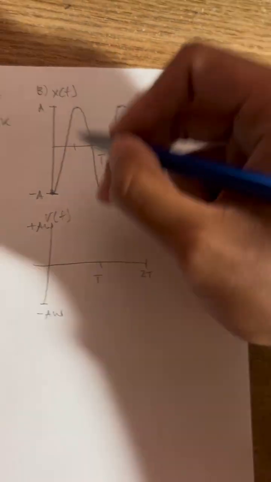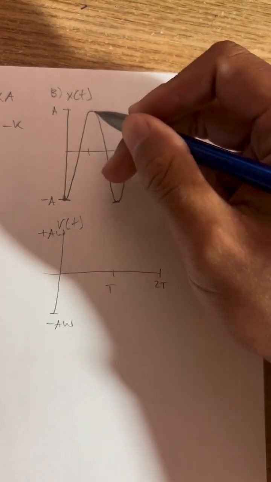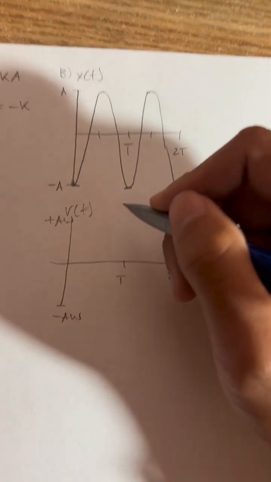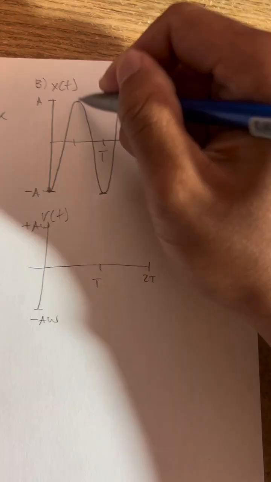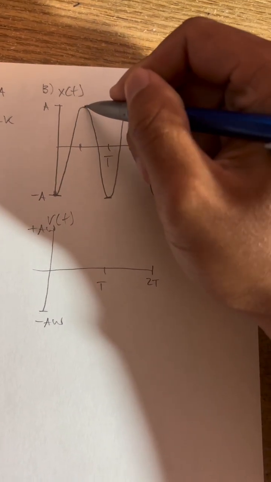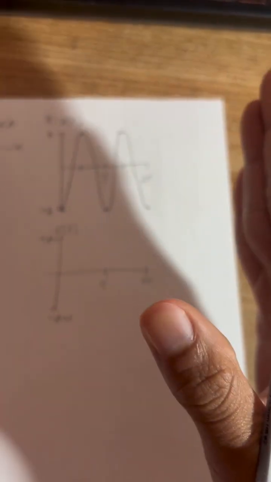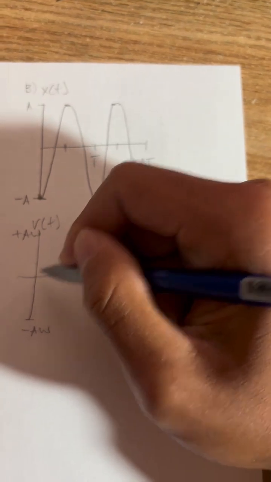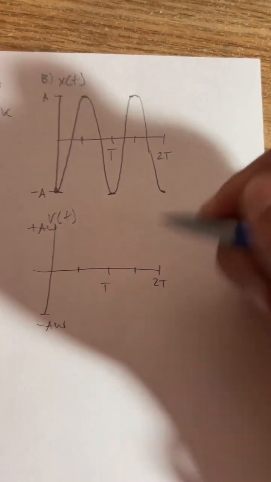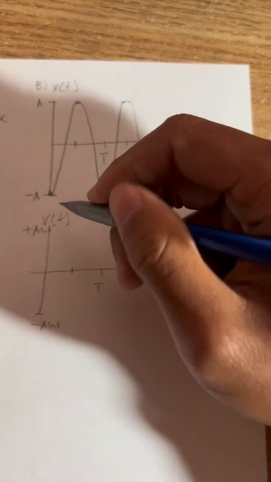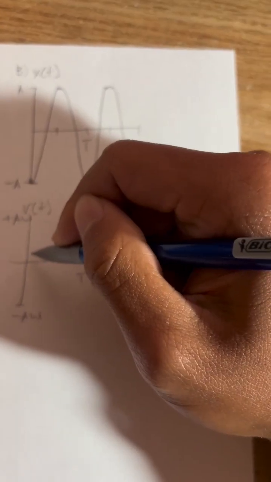So because x(t) is increasing, v(t) starts off as positive. And at around T/2, we see that x(t) reaches its peak. So when the spring goes to the peak, v is 0. So around right here and right here, v is going to be 0.